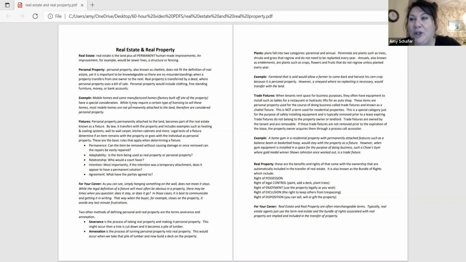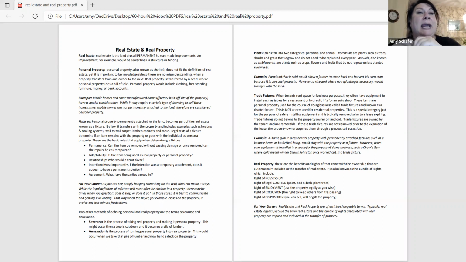Mobile homes is a good example. A mobile home is a home that is built off of the property, and it literally does sit on wheels. Now, if you've ever been to a mobile home park, you will see that most of them, though, look permanent, right? They've got a nice skirting around the outside, maybe steps that lead up to it.